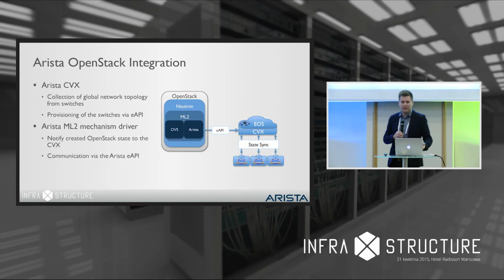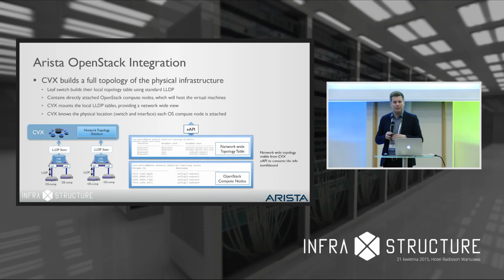How does this work? As I've talked about the ML2 plugin, that ML2 plugin uses an Arista driver, and that Arista driver can then talk to the network to do the provisioning. On the Arista side, we can build a full topology of the network, so we know exactly what the network looks like, and not only that, but what servers are connected where.